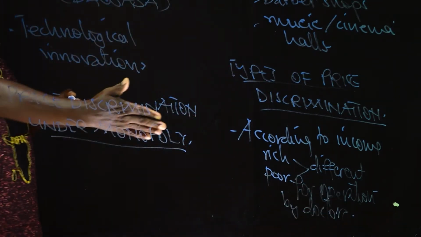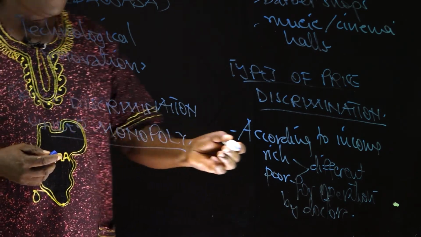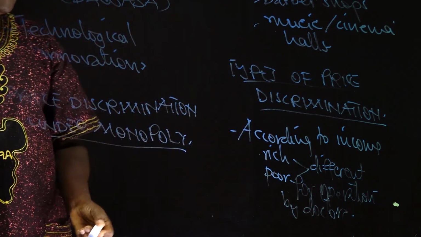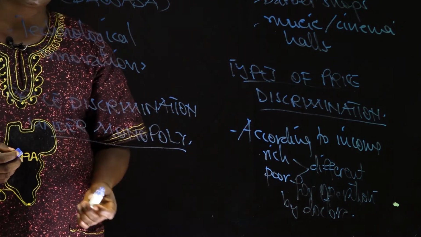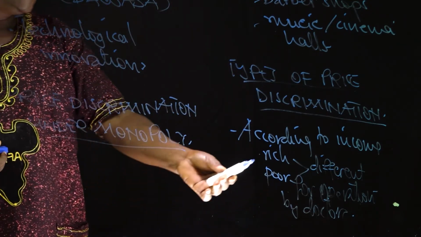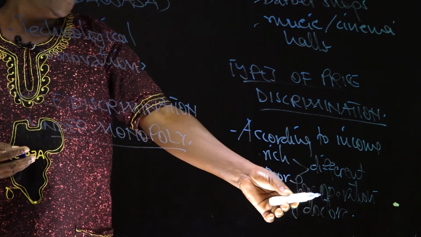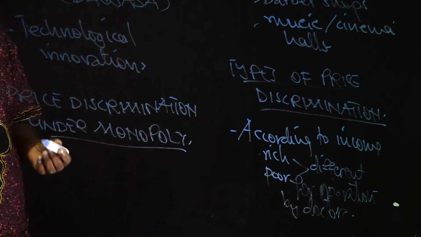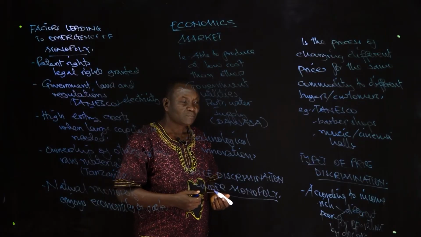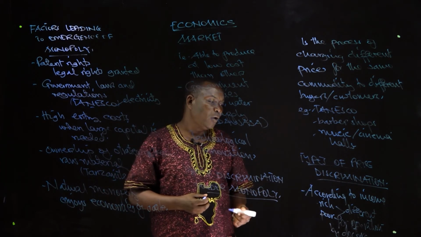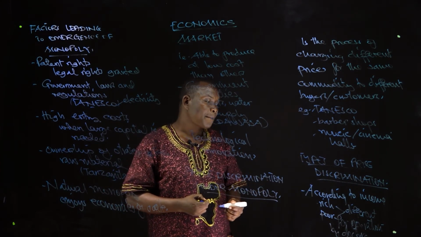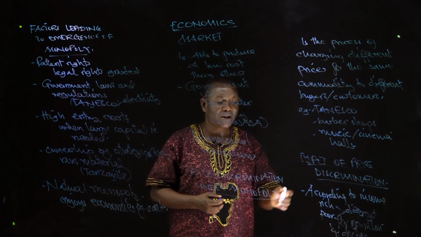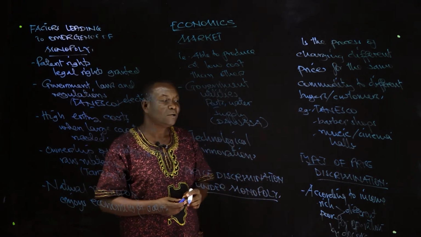You have the surgeon, having known that this is rich and this is poor, the poor will be charged a lower rate while the rich will be charged a higher rate for the same kind of operation. This is one kind of price discrimination according to income.